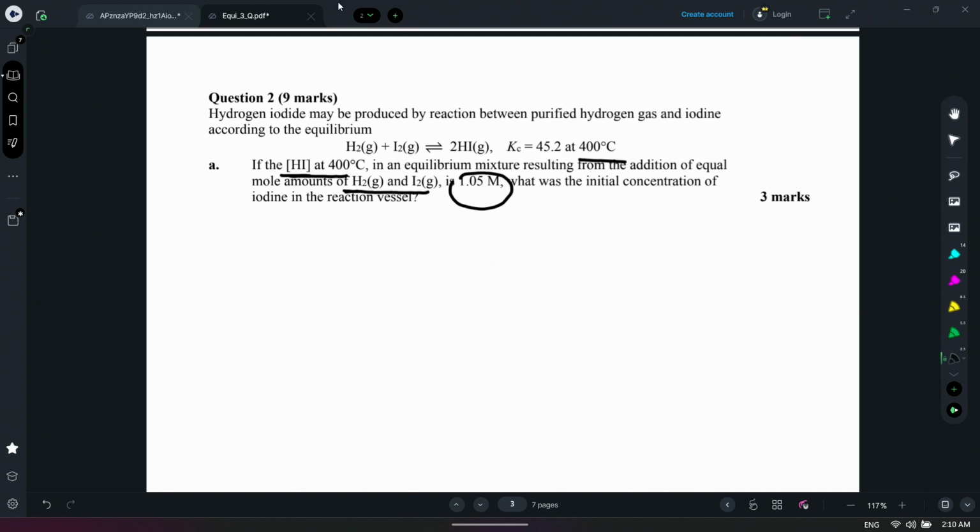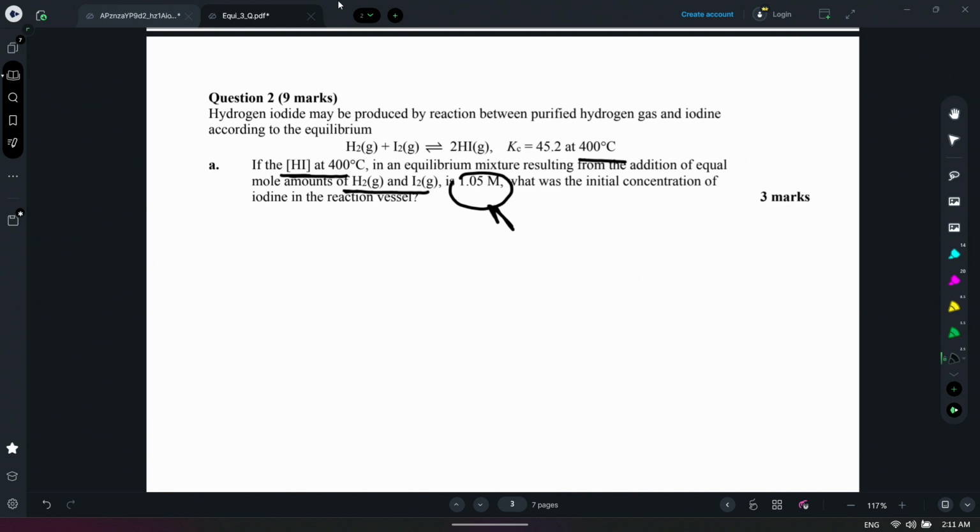Okay. Now, in order to do this question, as you can see, you have to do this question using what? Concentration. In the ICE table, we are going to use initial concentration, change in concentration, equilibrium concentration, because here it is the equilibrium concentration. You cannot do this question using number of moles because why?